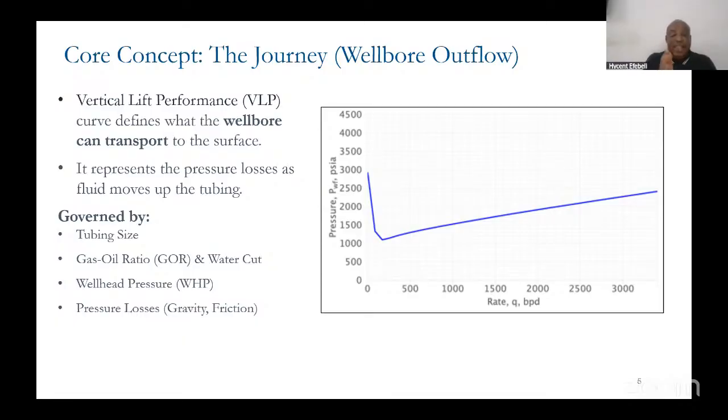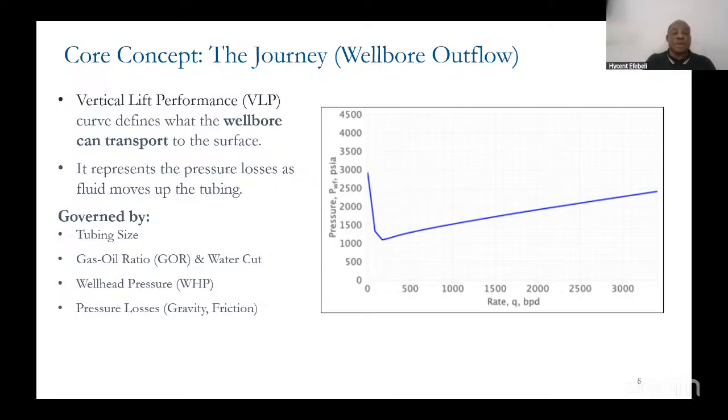So that is why at times you see well interventions where the tubing for that particular well is too large, so you go with a smaller tubing that we sometimes call velocity string.